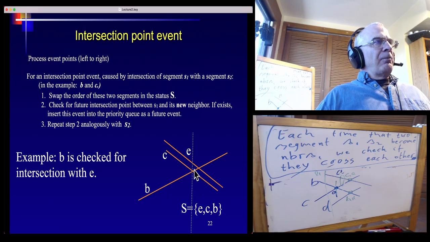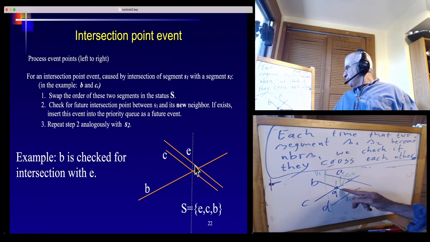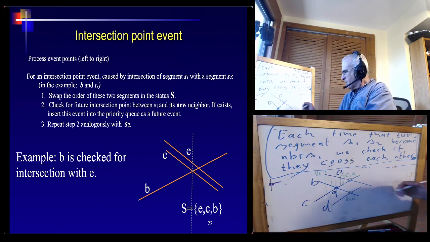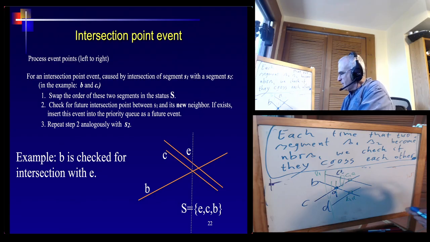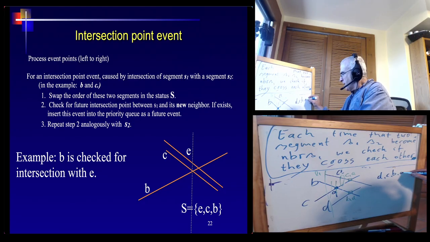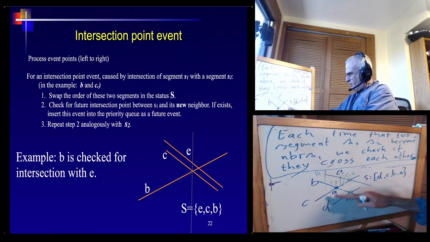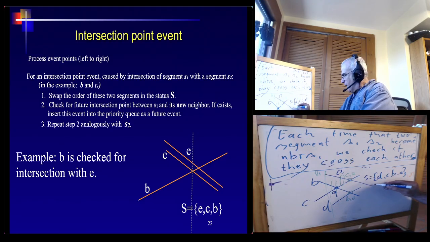And of course, what happened to the status? Immediately after the intersection point, the status is changing. Before and after the intersection point, right? The status before, from bottom to top, sorry, was D, C, B, A, and after that, S prime.